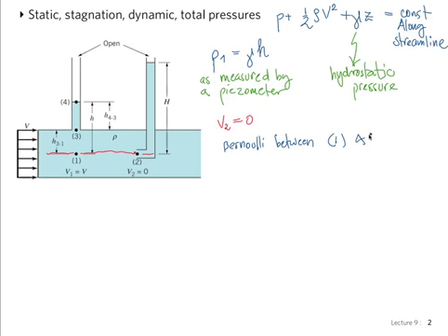Between 1 and 2, I see that P2 plus 1/2 rho V2 squared, which is 0, and we consider Z1 equal to Z2 here, so we don't have to worry about that third term, is equal to P1 plus 1/2 rho V1 squared.